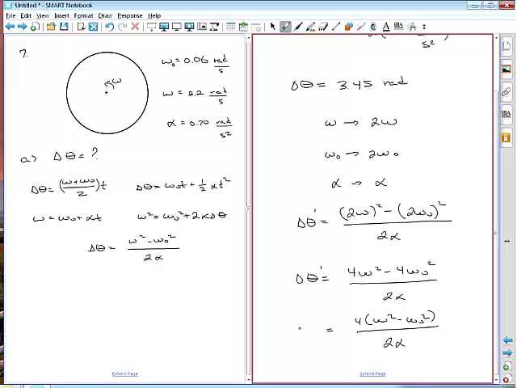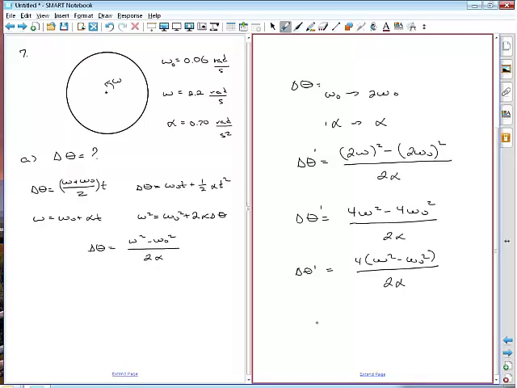You can see that, so this is delta theta prime. This is where the angular speeds have doubled. So delta theta prime is equal to 4 times delta theta. So by increasing the angular speed, initially and finally, we are quadrupling the change in delta theta.